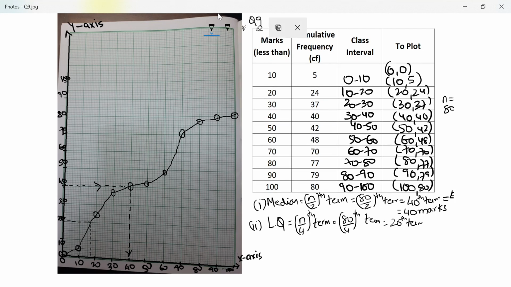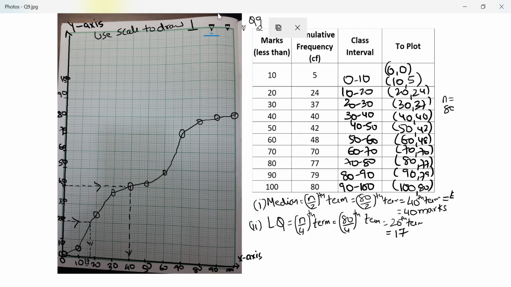I think this is 17. Like I said, you should be writing your number here. I haven't used a scale. You should be using a scale to draw the perpendicular. I will write here, use scale to draw perpendicular. So this is 17. So my lower quartile is 17.